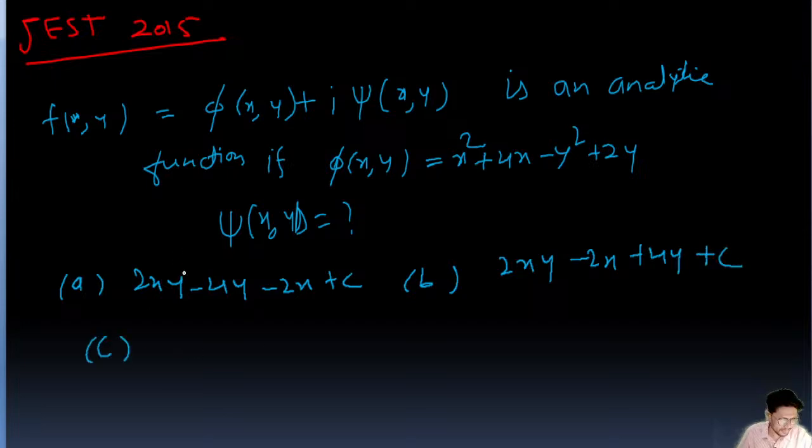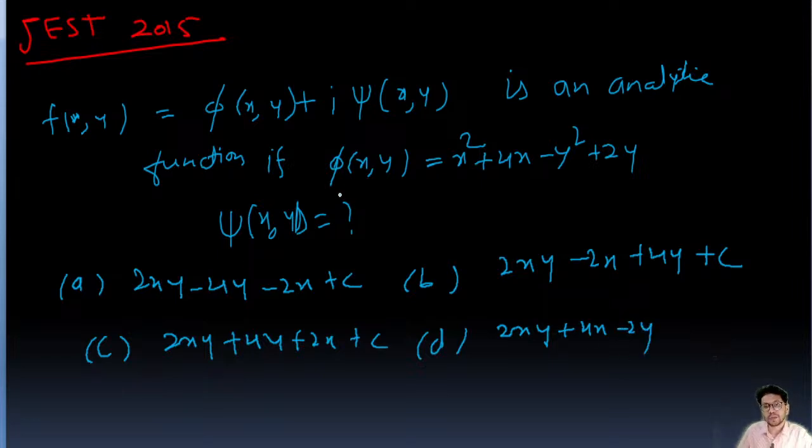Option C is 2xy plus 4y plus 2x plus c, and option D is 2xy plus 4x minus 2y. Okay, so this is the question. So we can say this is u, and this is v. u is given, v you need to find out.